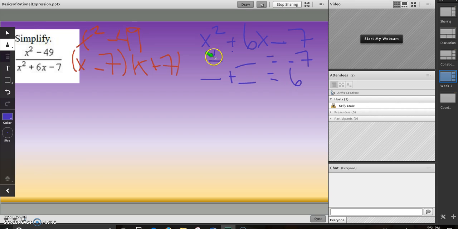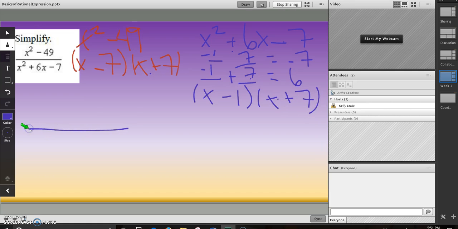The only thing that multiplies to give us 7 is 1 and 7. 6 is positive, so the bigger number is positive. Let's try this. Negative 1 times 7, negative 7. Negative 1 plus 7, 6. So what we really have is x minus 1, x plus 7. We know we're on the right track because we have something in common. So I'm rewriting these guys with the factors instead of what I had.